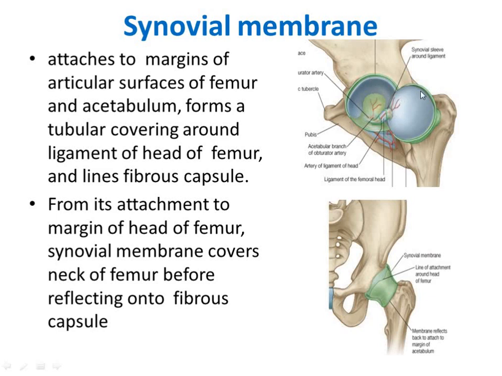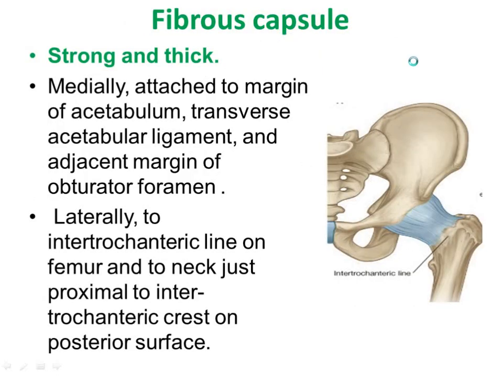This synovial membrane, which is attaching all around this margin of the head of the femur, outside this articular cartilage, and to the acetabulum, not only forms a tubular covering around the ligament of head of femur, and it lines the fibrous capsule of the joint from the inside.